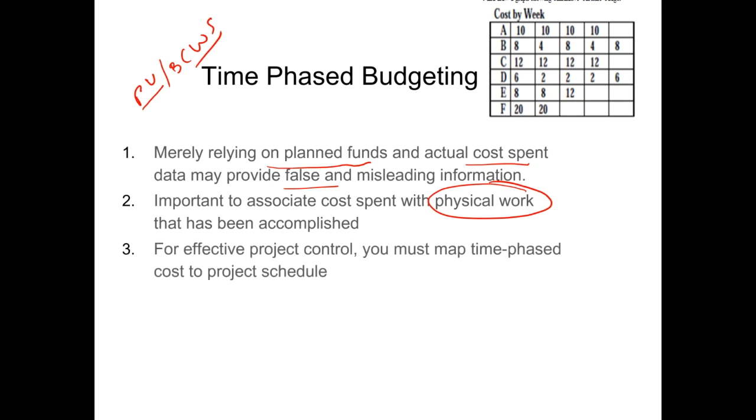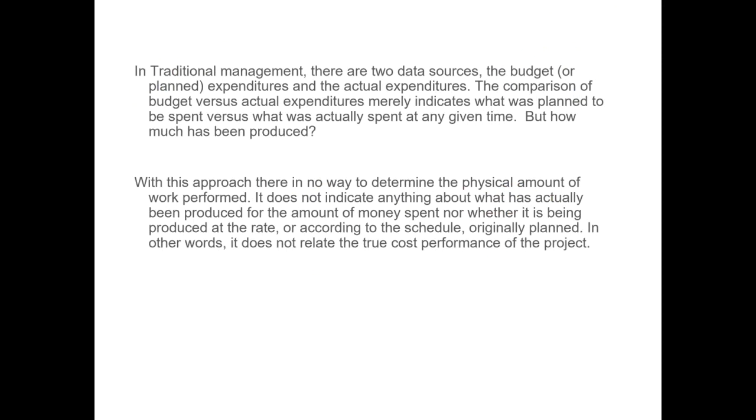So for effective project control, you must map the time phased cost to the project schedule. If we compare the traditional management approaches, they relied on two key data sources, the budget or planned expenditures and the actual expenditures.